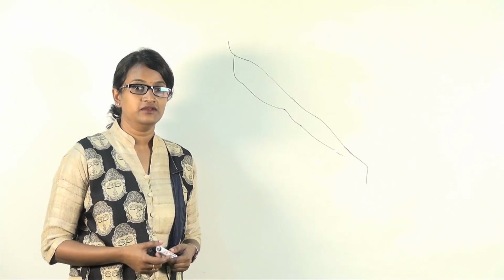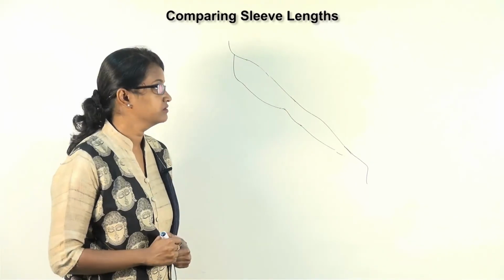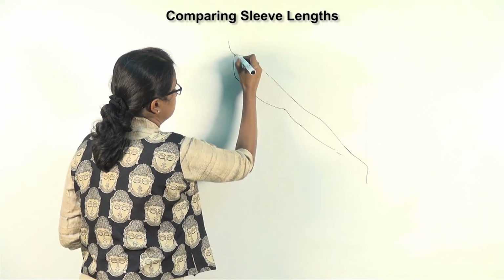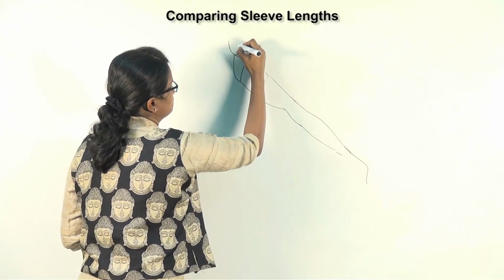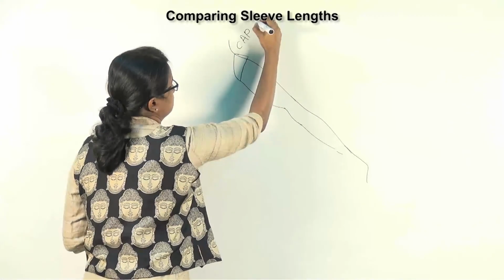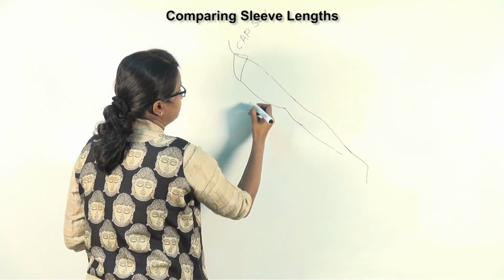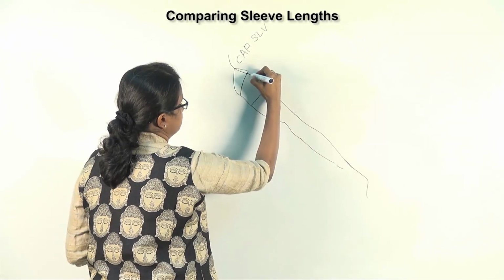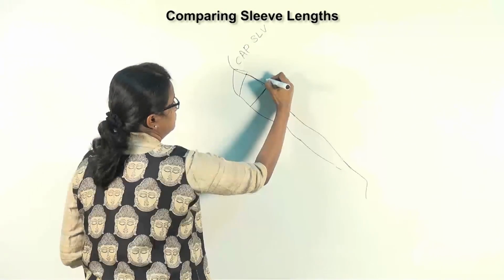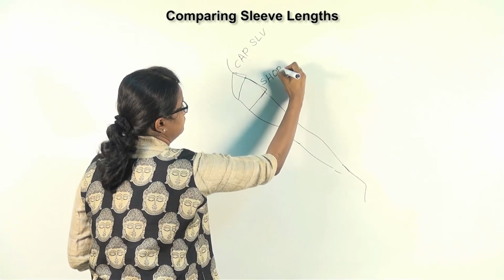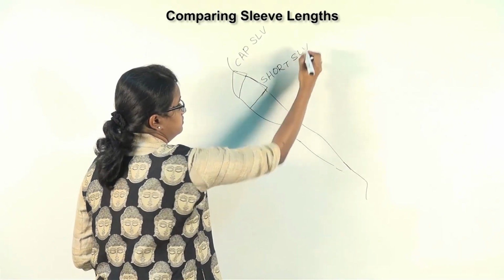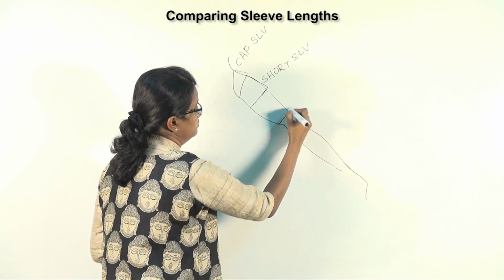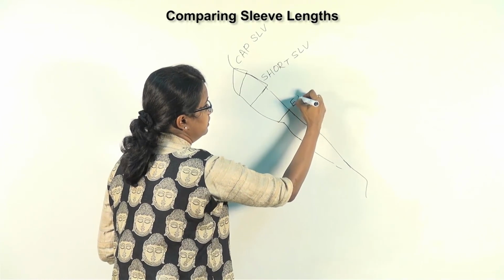Now let us compare the different sleeve lengths. This is cap sleeve. This becomes short sleeve. This is elbow length sleeve.